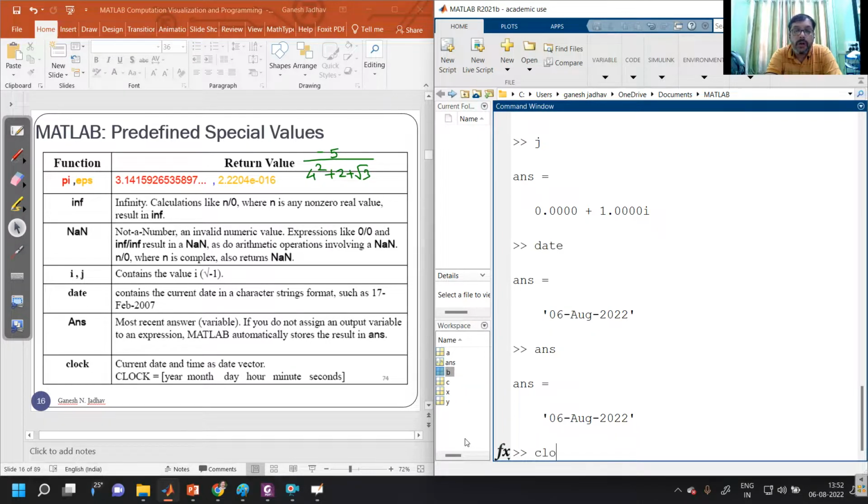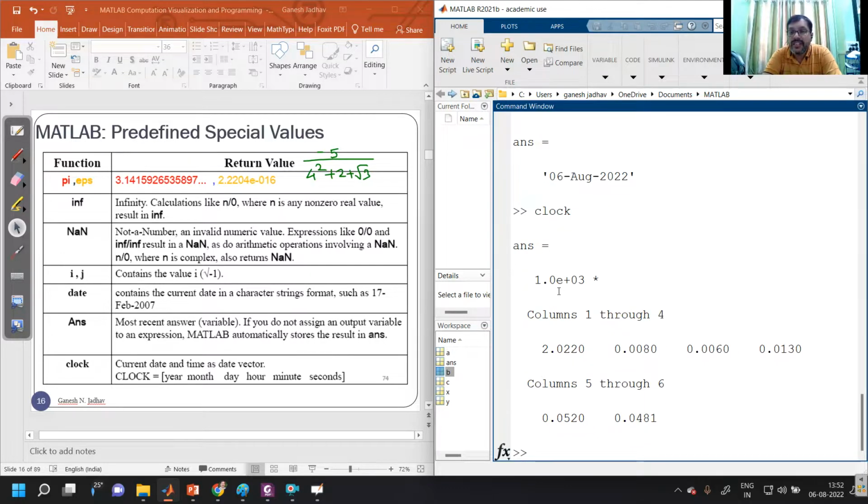Now I want the clock, the current clock of my PC. It will display the current clock. See, the format is like that: 2022, 0.08 means the 8th month, 6th day, 13 hours, 52 minutes and 48 seconds. So this value is displayed like this.